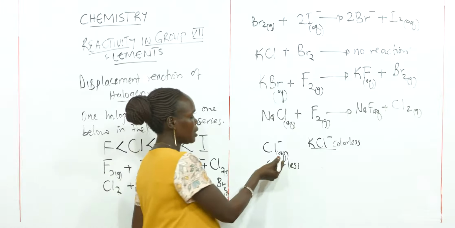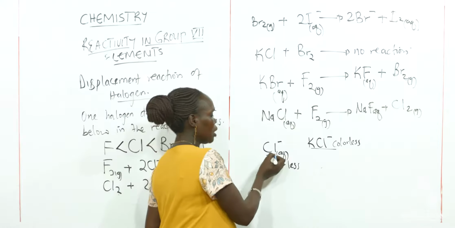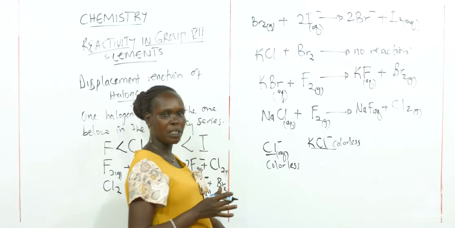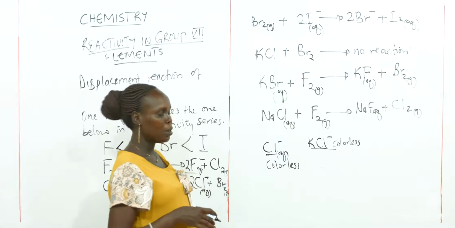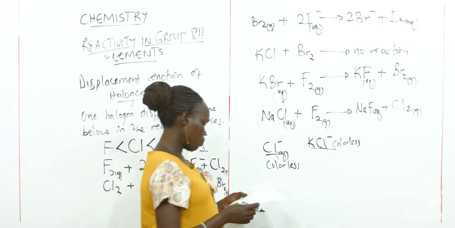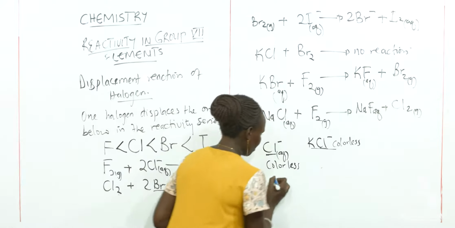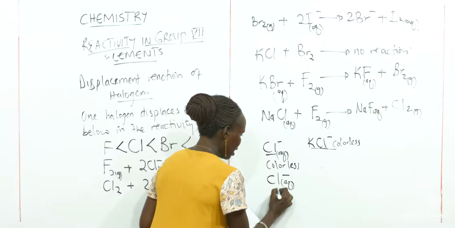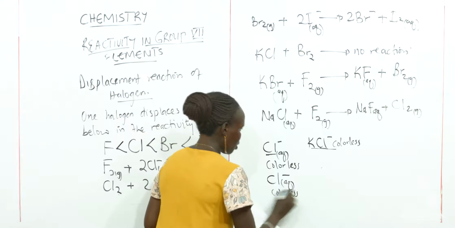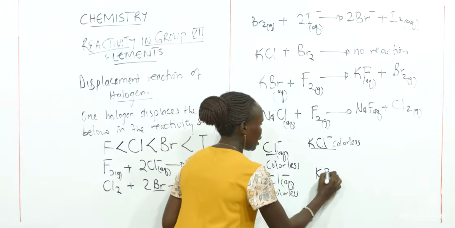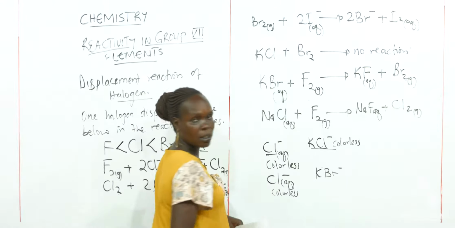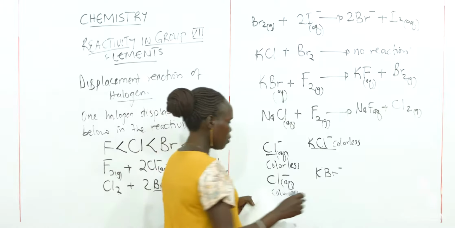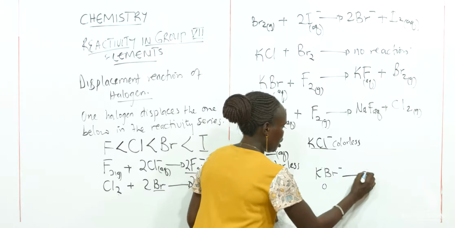Why? Because we have the same elements here, chlorine and chlorine, so the displacement reaction will not happen. But if you have chlorine water, which is colorless, with potassium bromide, when it reacts it will form an orange solution.